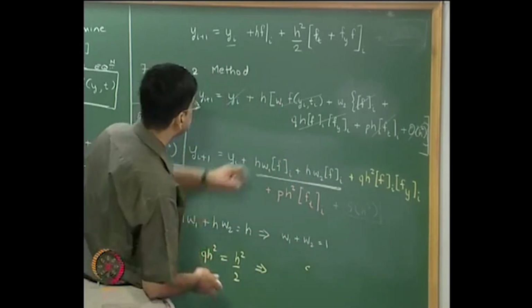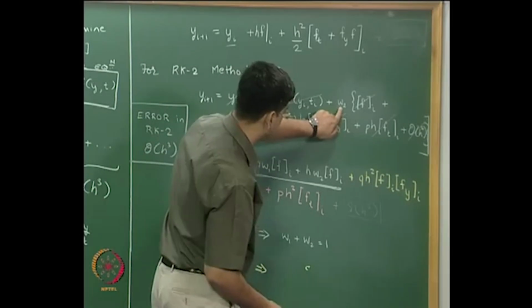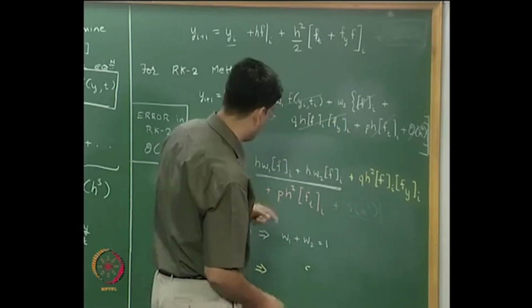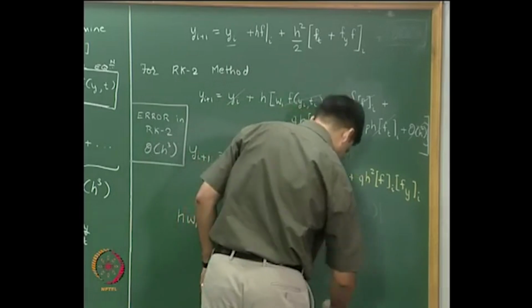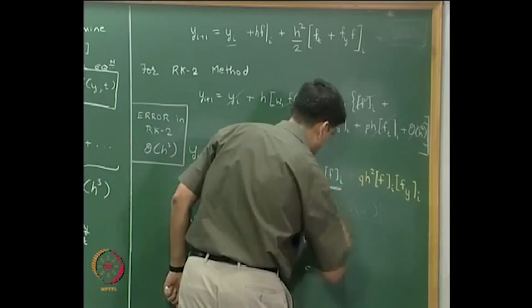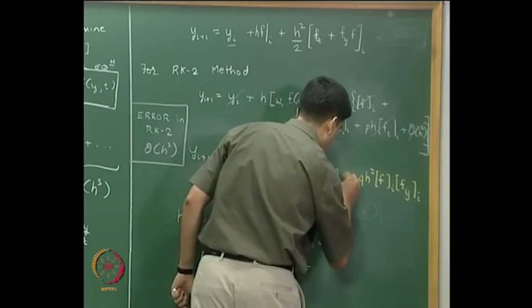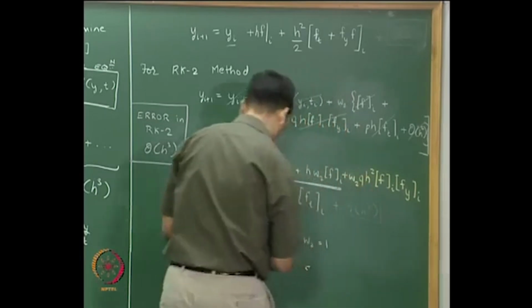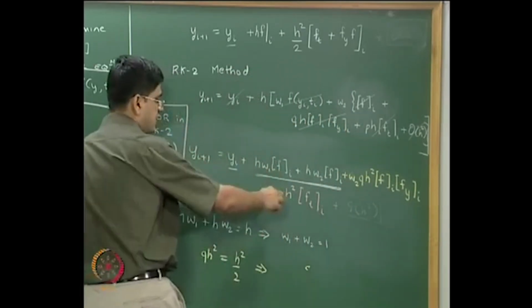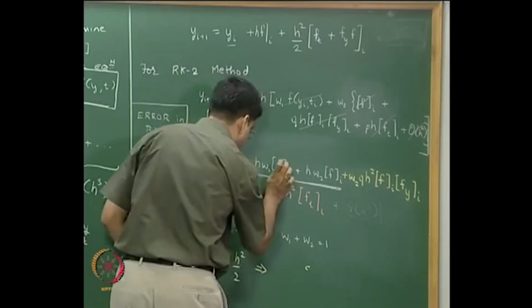I think I missed out the W2 factor over here. Okay, so the W2 factor I have missed out. I will just write that down right now. And likewise I have missed the W2 factor over here also.